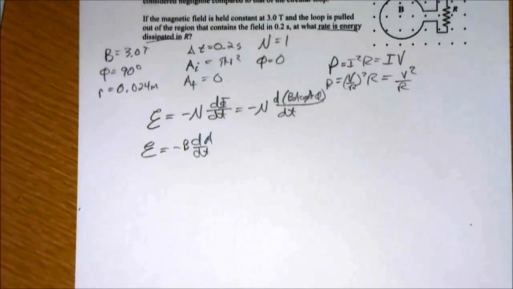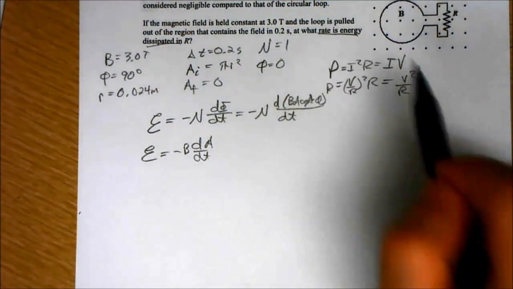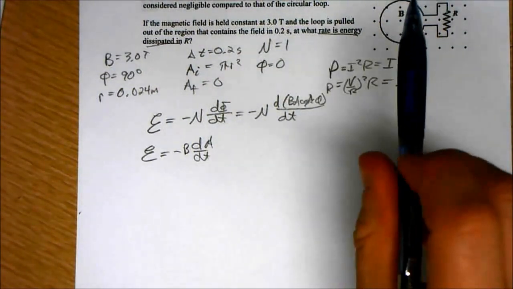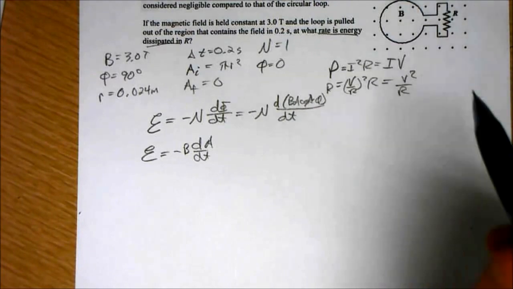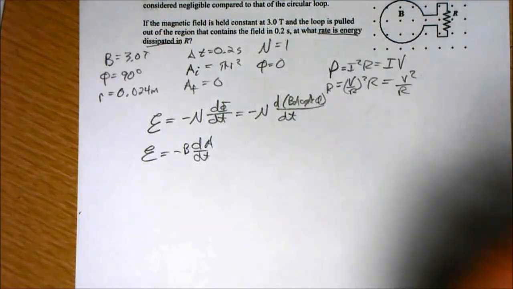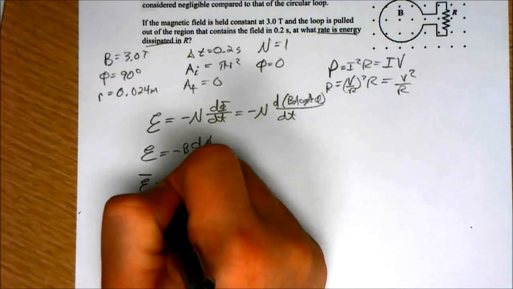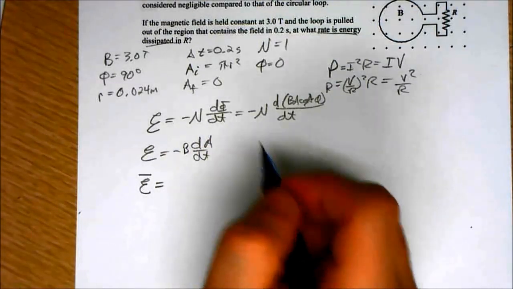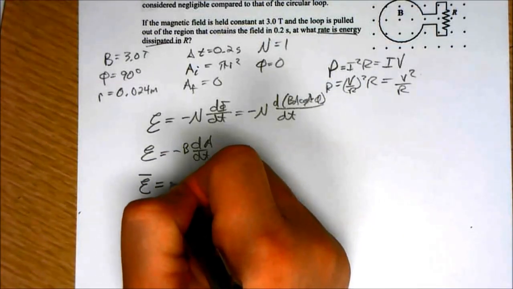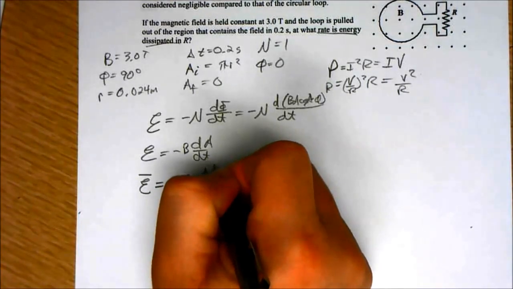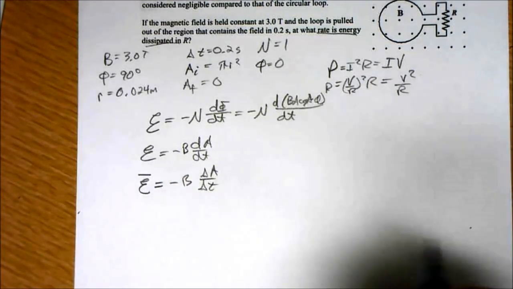Now, one thing that the problem didn't say is the average rate of energy dissipated in R. I will go back and add that to the problem, because you have to put that average in there. When you do, I'm going to put the bar for average, I can then say negative B delta A over delta t.